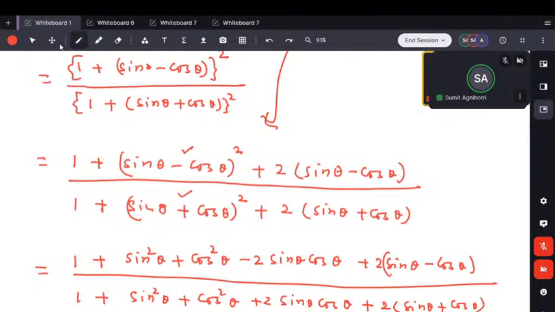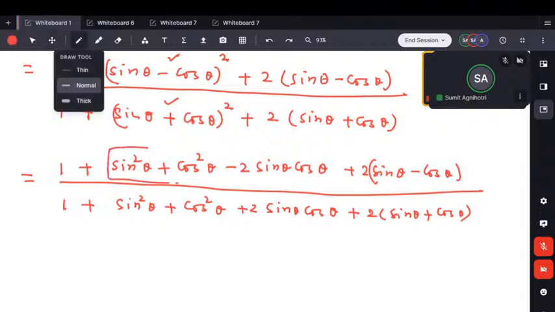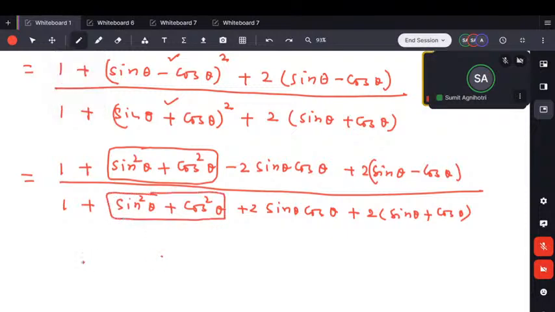Okay, let's check whether we are getting our answer with this approach or not. Okay, this much is going to be 1, as we know. Now 1 plus 1 becomes 2 and minus 2 sin theta cos theta we got, and here we have this much.